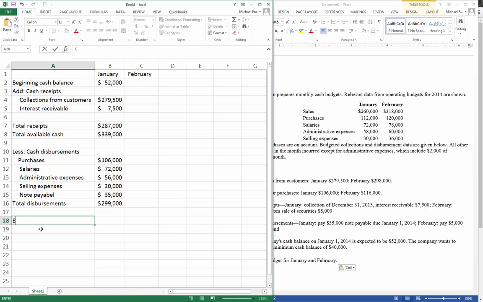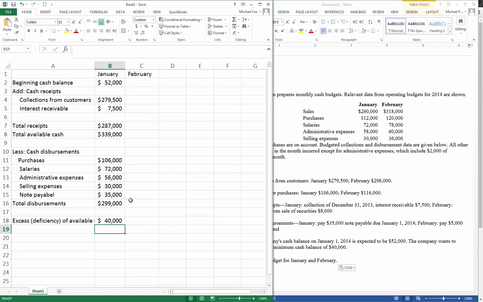And then we'll have an excess or deficiency of available cash over disbursements, which is just going to be the total available cash minus the total disbursements.